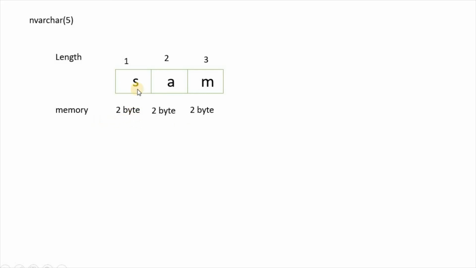But in this case, it allocates 2 bytes for s, 2 bytes for a, 2 bytes for m. So it allocates 1 byte extra as compared to varchar. It allocates 2 bytes of memory per character.